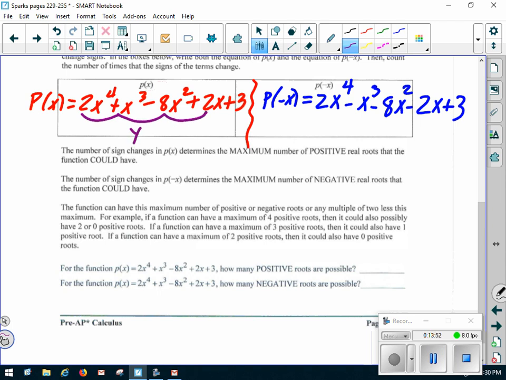Yes. Negative to positive? Yep. Here to here? Nope. Two sign changes. Go to p of negative x. Sign change? Yes. No. No. Yes.